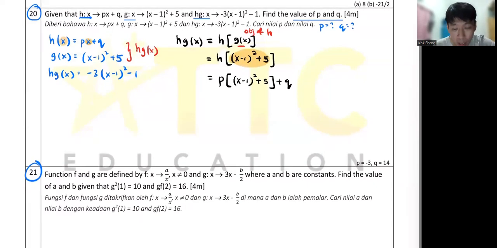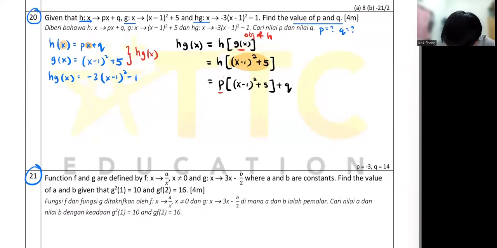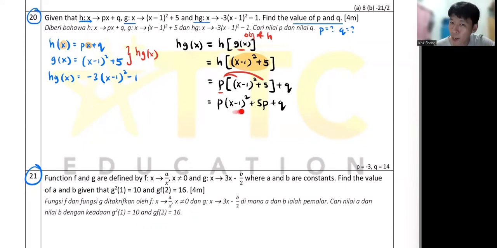So in the end, open the bracket, the unknown P, we times it into the bracket. So P times x minus 1 square, P times 5 plus Q. So now, yeah, this is your composite H and G. Okay, but maybe you got one question here. Do we need to expand the bracket?